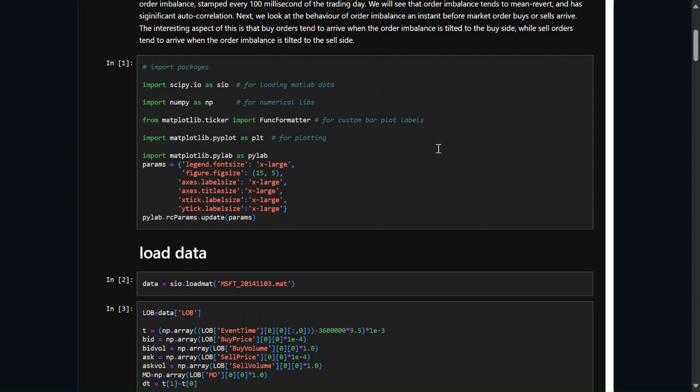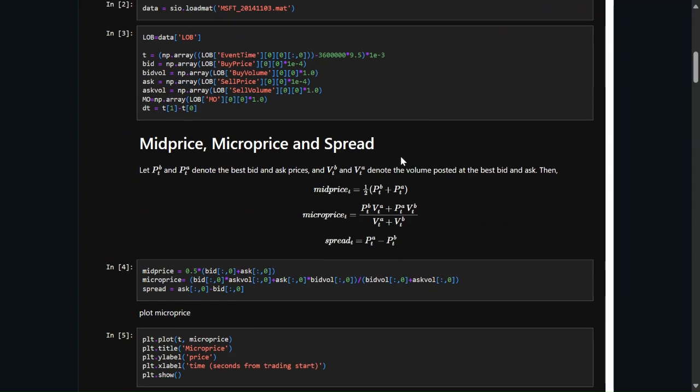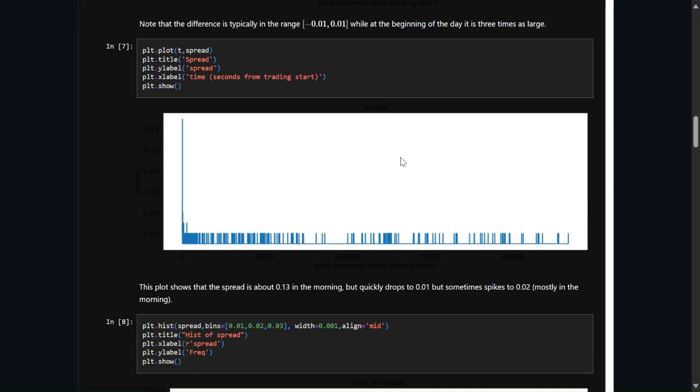There are a lot of assumptions made when we model the microstructure, the limit order book, and we're looking for kind of linear price impact, and we're looking for kind of mean reversion. So we'll test these here. We'll load the data to start off with, look at the mid price, micro price, etc., and then look at the spreads.